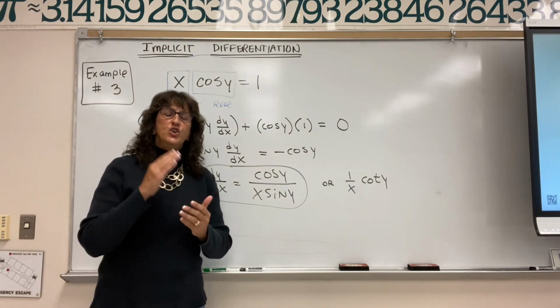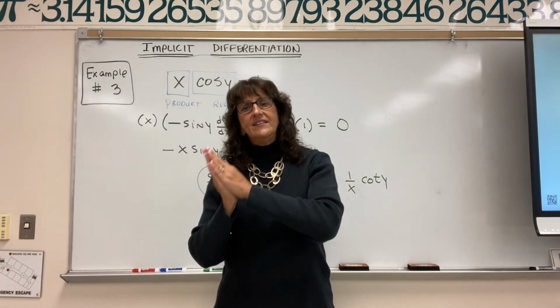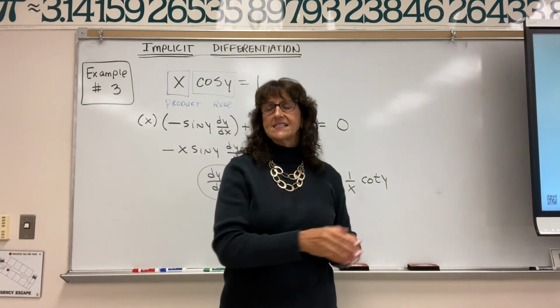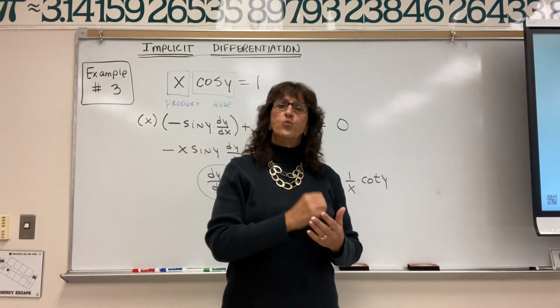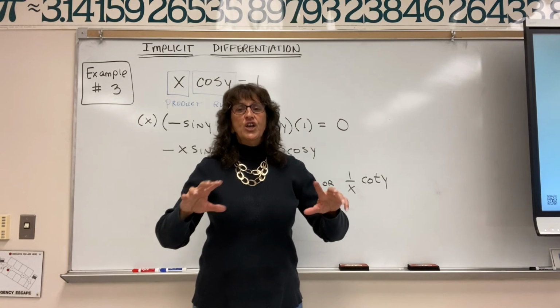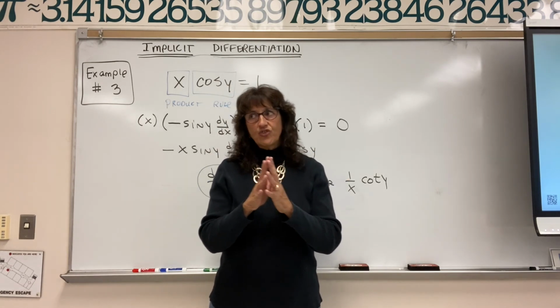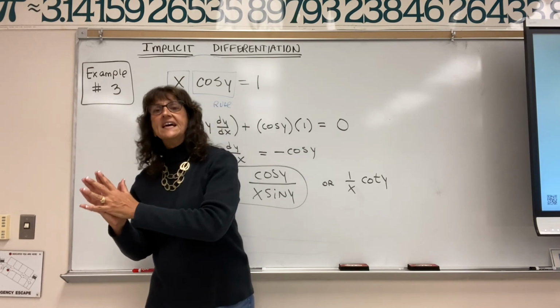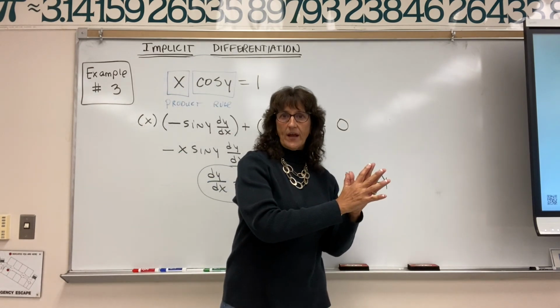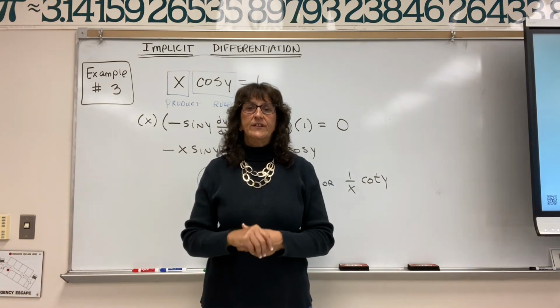Step 1, you want to take every single term and differentiate with respect to x. Every term gets differentiated with respect to x. And then once you have that calculus part done, your algebra strategies, you're going to take all those dy dx terms to the left side, okay? Non-dy dx to the right. All right, and then you're going to factor out the dy dx, solve for dy dx, okay?